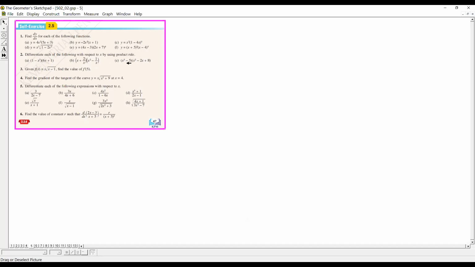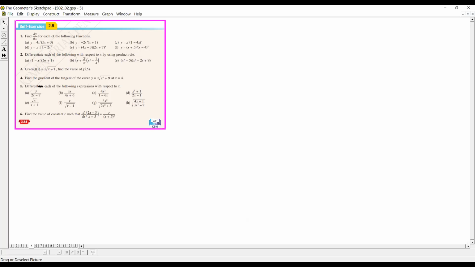Now this one is quite difficult to expand, so I advise you to use product rule. And question number 3 and number 4 got square root, this one, D. So you follow example 5. All those with square root, you follow example 5.